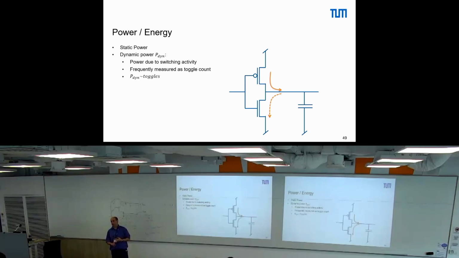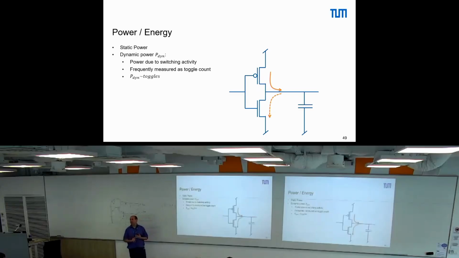Static power means, in theory, if your inverter gate, let's say, is in a stable state, so either 1 or 0 at the output, you have no current flowing from VDD to ground. In practice, you have some leakage currents. They go a little bit into the bulk, they still go through the channel, whatsoever.